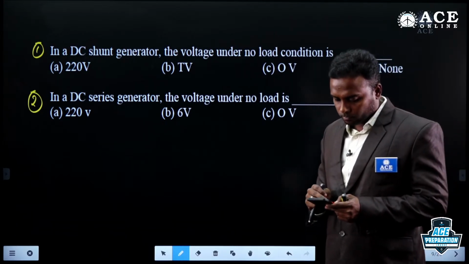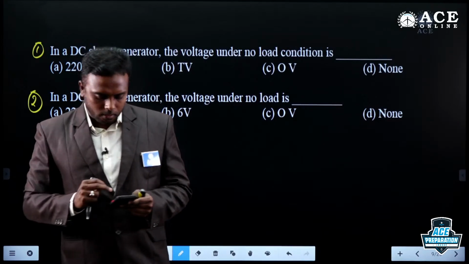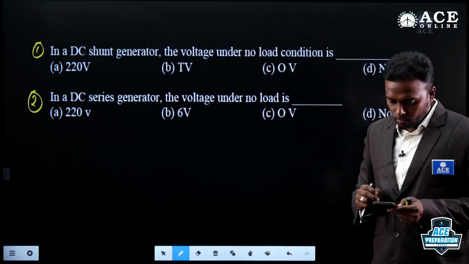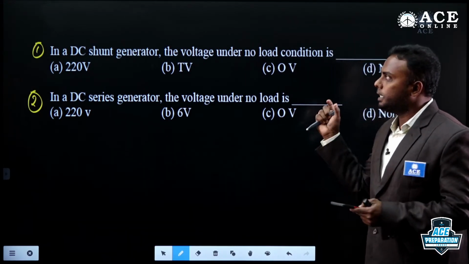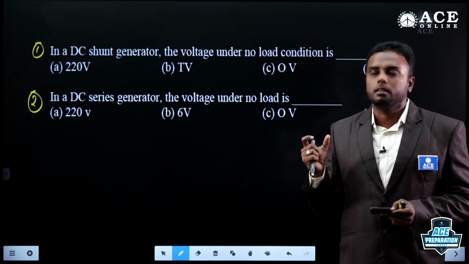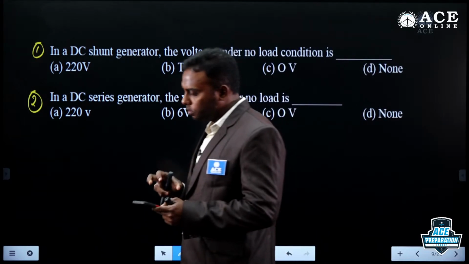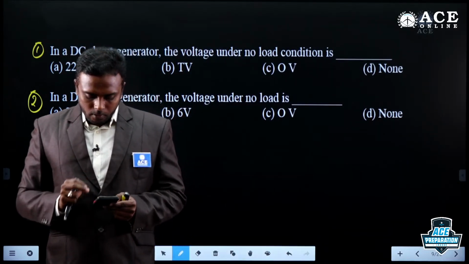Try to interact, and try to ask whatever doubts you have. From the given options, which option is right? In a DC shunt generator, the voltage under no load condition is dash. How much voltage will be induced under no load condition of a shunt generator? Tell me.